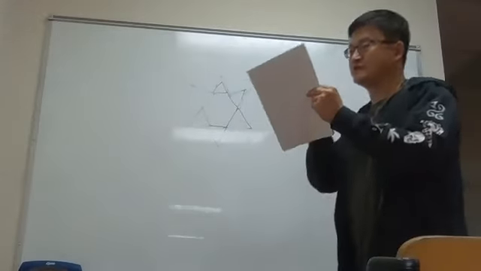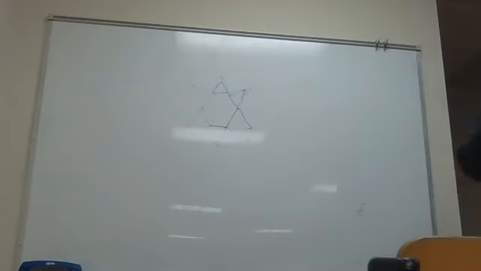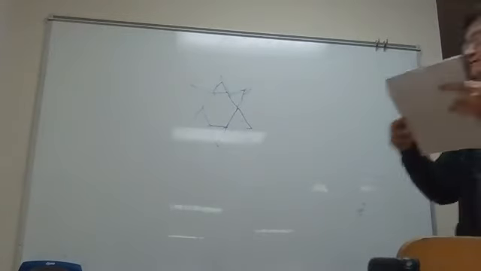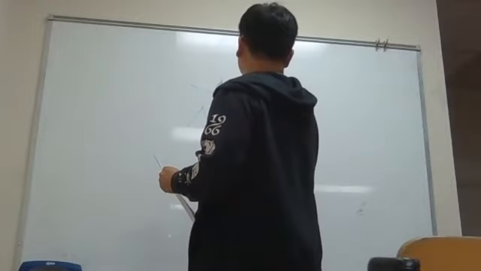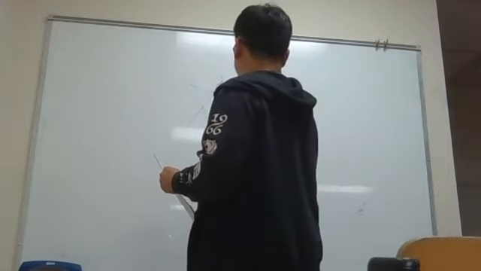Okay, so this is a regular hexagon, and they have 6 equilateral triangle extensions. So what's the ratio of the area of the extensions to the area of the original hexagon? So that's about all these 6 triangles. We add up all these areas, right?